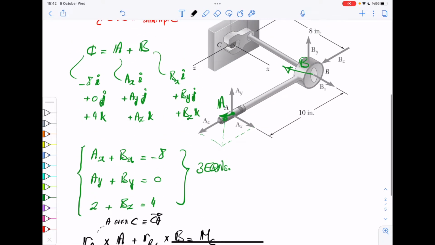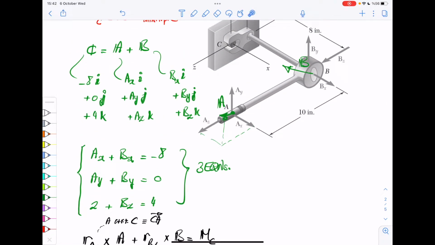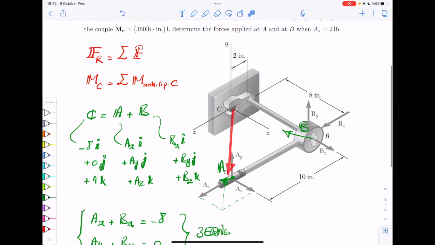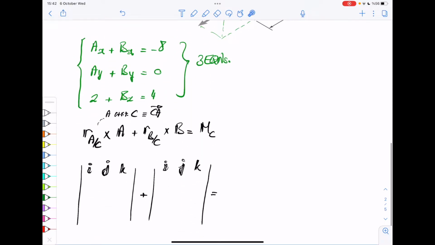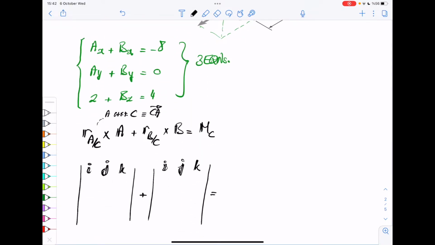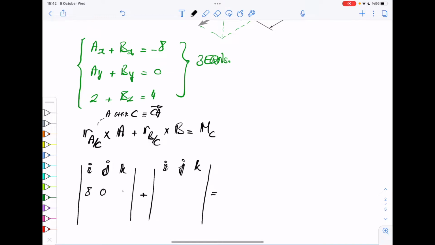It's basically this vector. You can immediately see that vector does not have a component in the y direction. It just has a component in x direction, so you come 8 inches in x direction, and then you come 8 inches in z direction. So it's 8, 0, 8, something like that, right? So you would have that. This would be 8, 0, 8. And the force A, it's AX, AY, and AZ, but then AZ, we know it's 2.